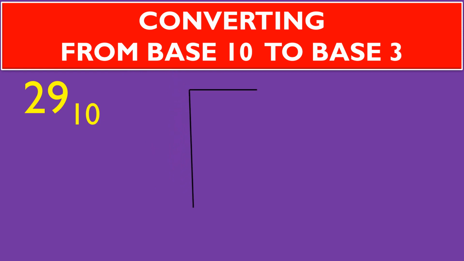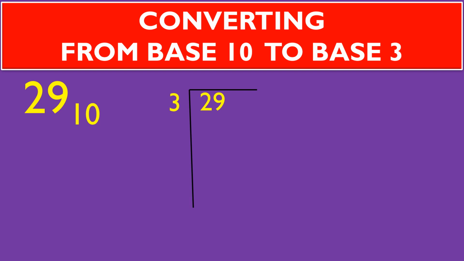When converting from base 10 to another number, in this particular case base 3, we will divide that number by 3. If we were converting it from base 10 to base 7, we will be dividing this number by 7. However, since we are converting this 29 in base 10 to base 3, therefore we will divide 29 by 3.